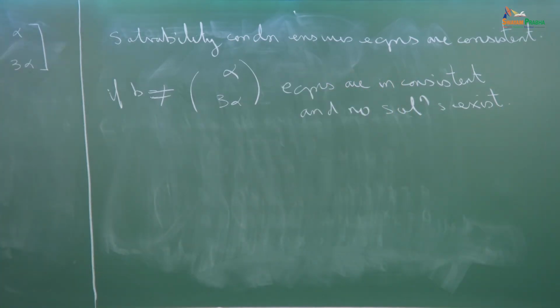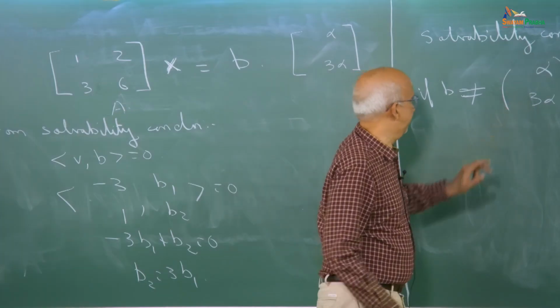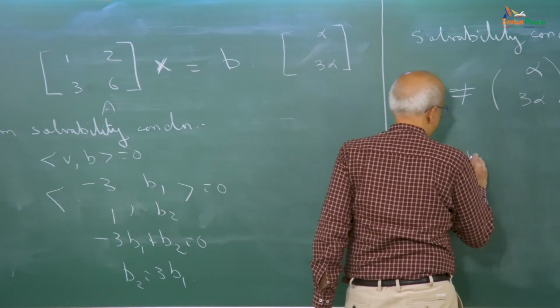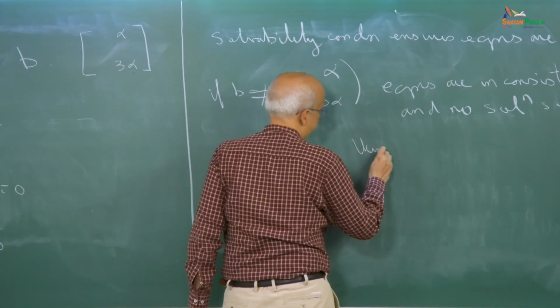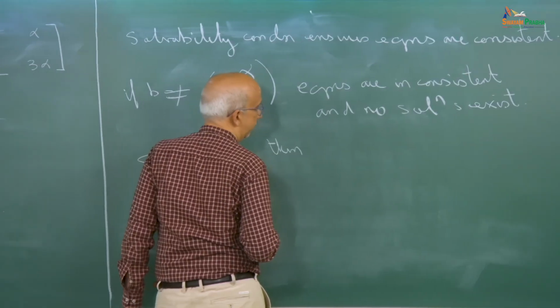Now, you can see that with 1, 4, or 2, 3, whatever it is, those two equations cannot be satisfied simultaneously. And if it is consistent, you will have an infinity of solutions. So, basically, if the inner product of V comma B is not equal to 0, then what?